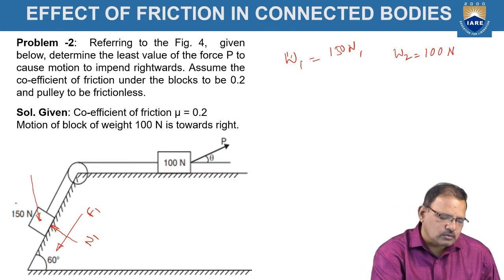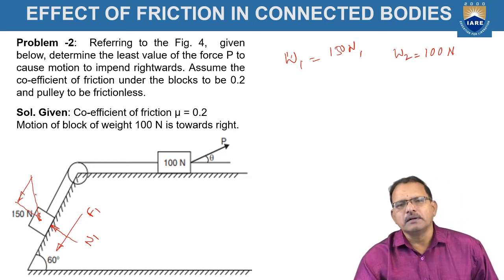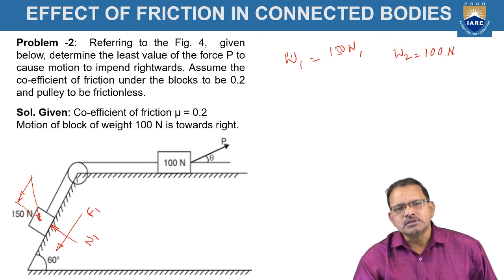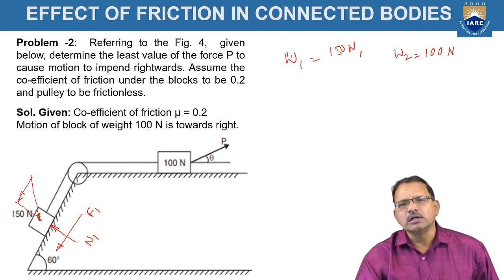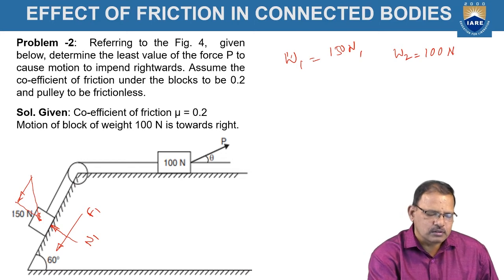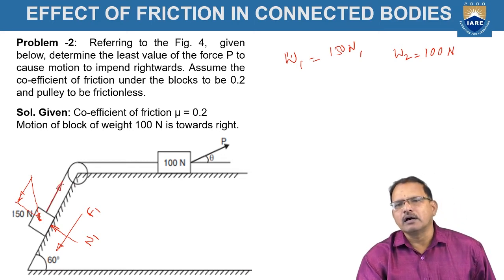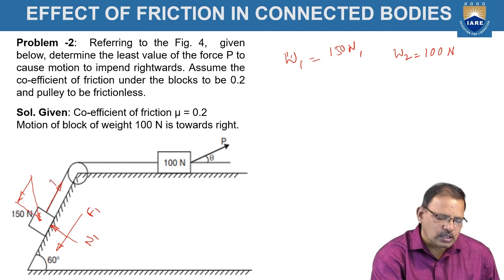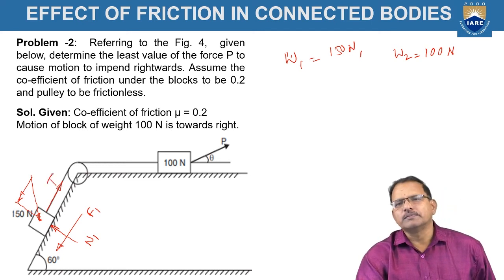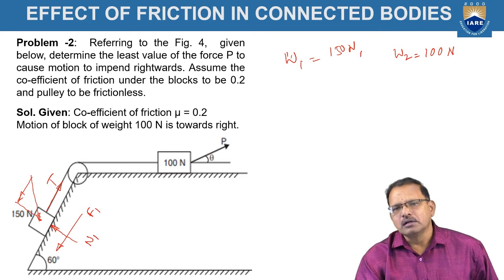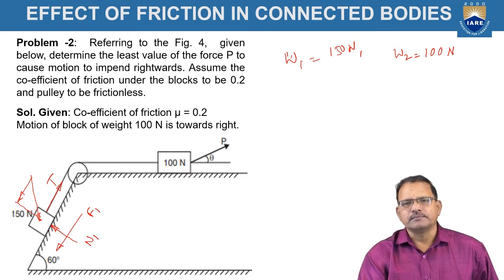It can be resolved into two components, perpendicular as well as parallel to the plane. The parallel component tends to move the body in the downward direction, but the tension in the rope, T, acts away from the object, toward the right side.